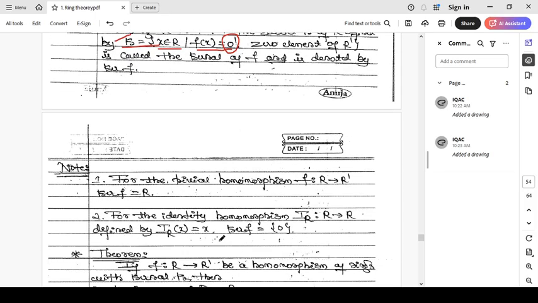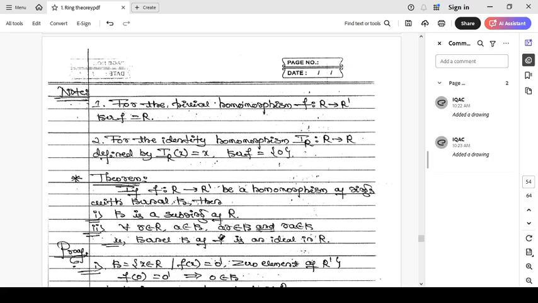So let us see what we get if the homomorphism is trivial. Then what is the kernel of f?